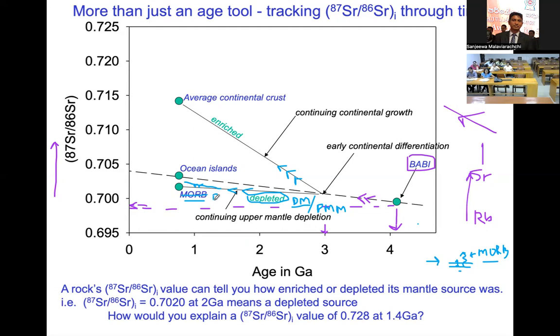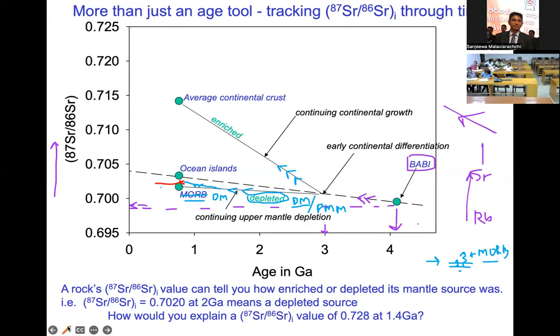DMM, right? So you can put the MORB for this line. You can put MORB, sorry, for this line. Okay, the second line that I drew, but it won't cut this ocean island line.